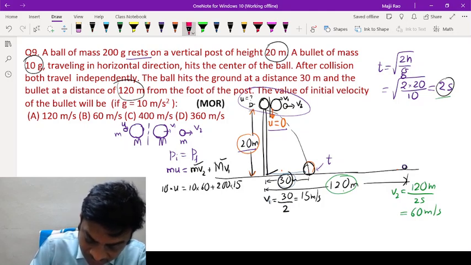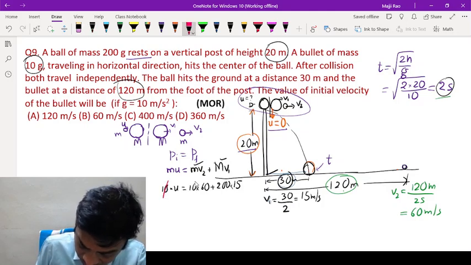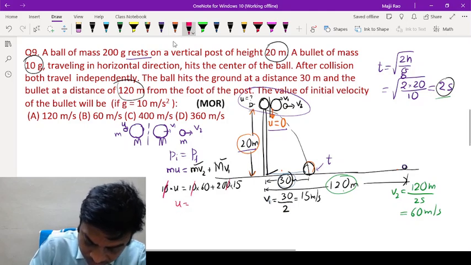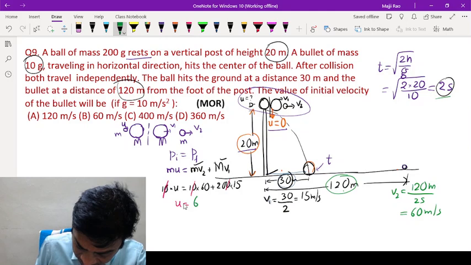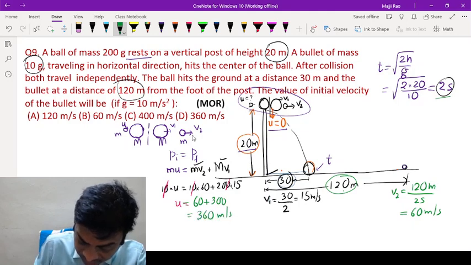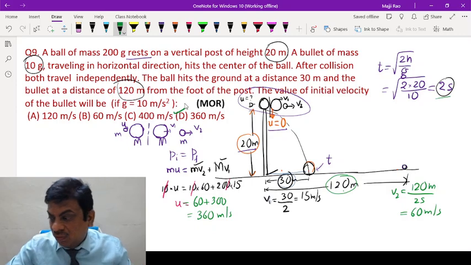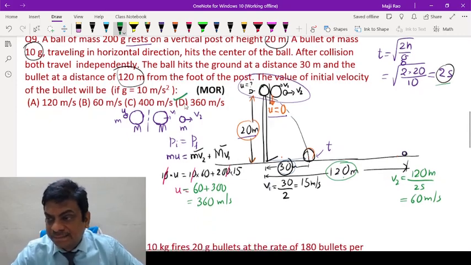Let us cancel 10 throughout. So U is equal to 60 plus 300, that is 360 meters per second. Correct option is the D option, that is fourth option.